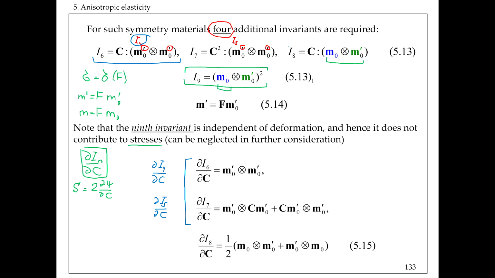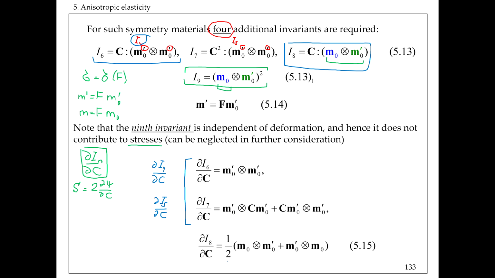Now for the 8th invariant, we have two contributions. I don't derive it here, so again this is something that you can do if you like. Take this derivative, but be careful with the multiplication, and typically we would write this in index notation and see what multiplies what.